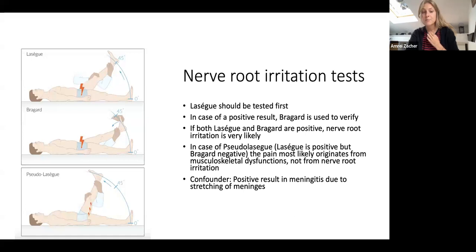But in case of pseudo-Lasègue, which would be that Bragard is negative, that mostly says that the pain comes from musculoskeletal dysfunctions and not from nerve root irritation. One confounder could be that these tests would also be positive in meningitis because the meninges are getting stretched during the test.